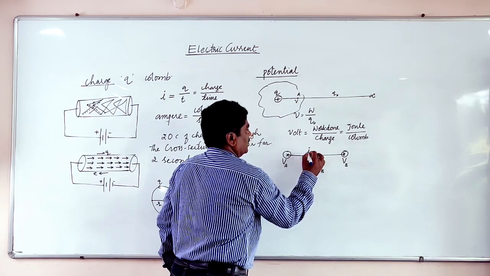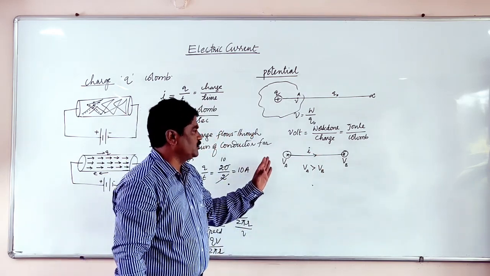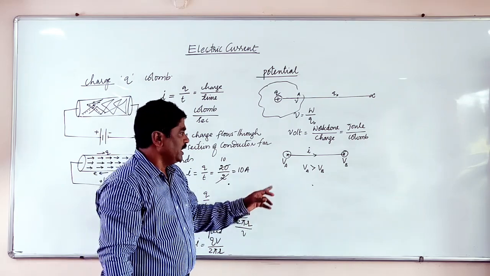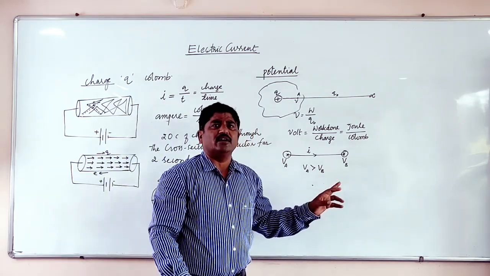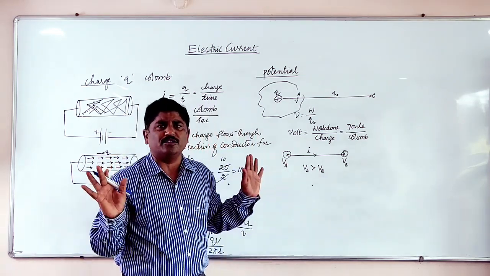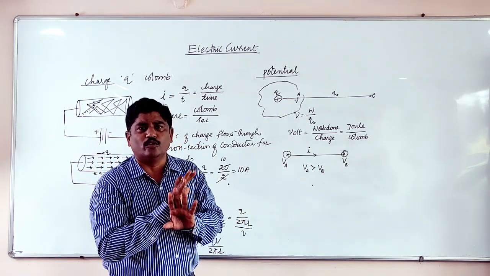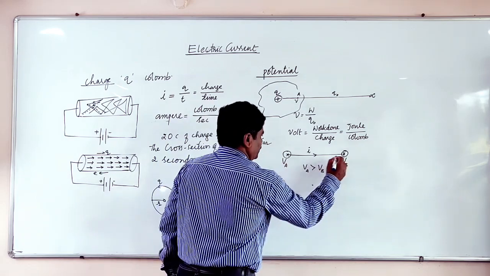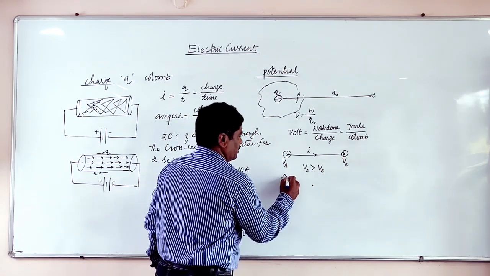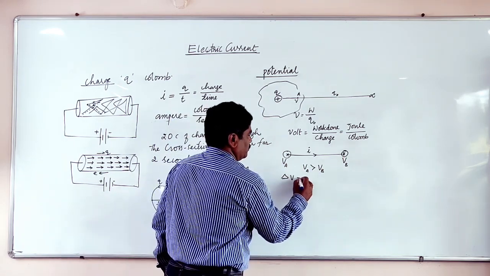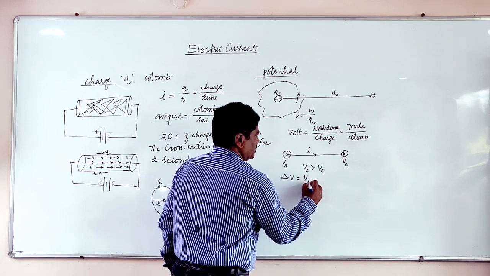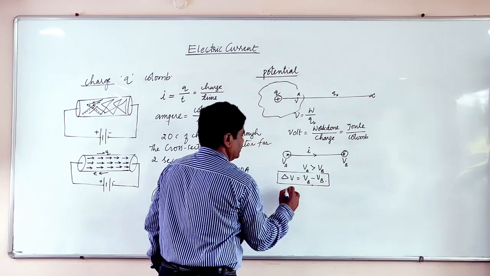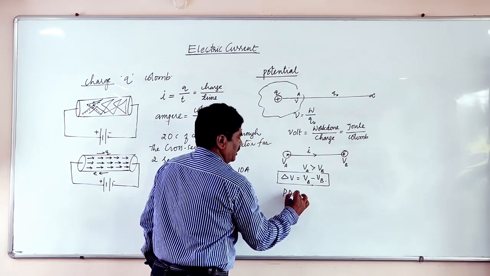That means the charge always flows from higher potential to lower potential. If two points have no potential difference, there is no flow of electric charge. That is why the potential difference between two points is written as delta V, which is VA minus VB.